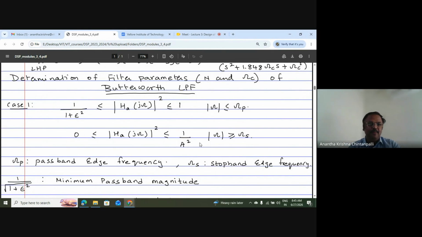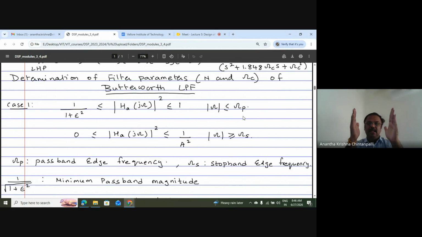Okay, so now case one: magnitude square should range between 1 divided by 1 plus epsilon square till 1. So that should happen within omega p, which is nothing but the pass band edge frequency. So mod of omega should be less than or equal to omega p.